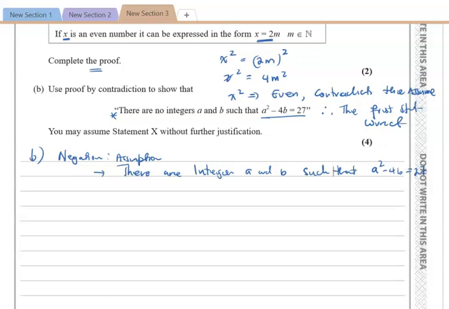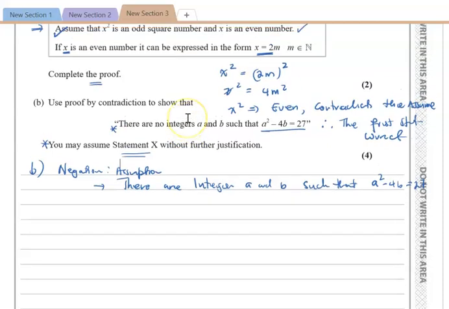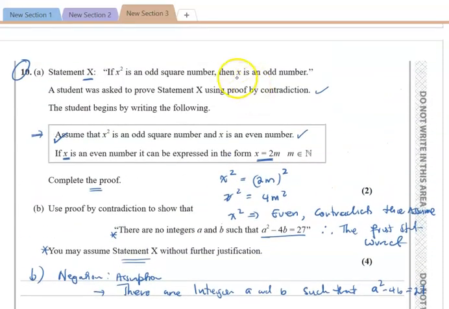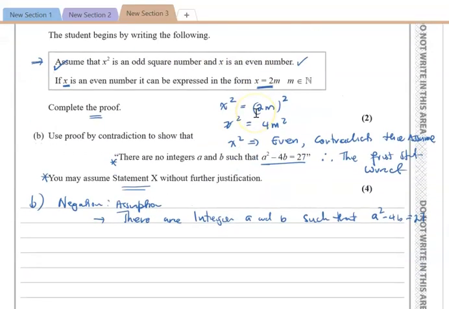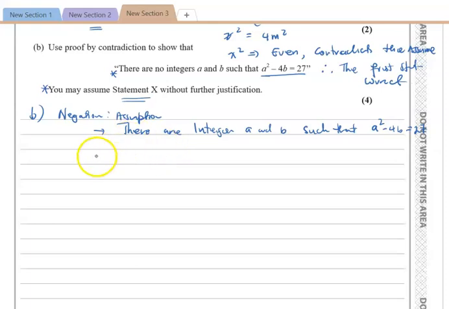Now look at this statement over here. They say that you may assume this statement without further justification. That means we are going to assume this statement, which says that if x squared is odd, then x is an odd number. So we have a squared minus 4b equals 27.